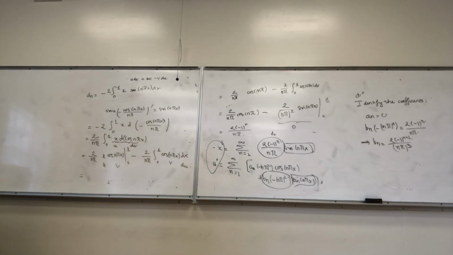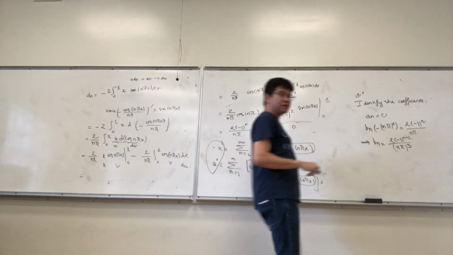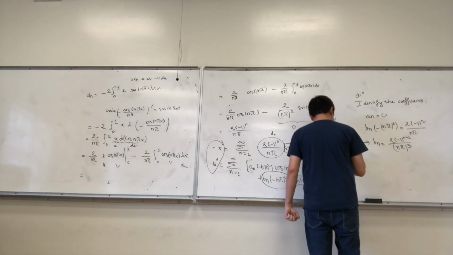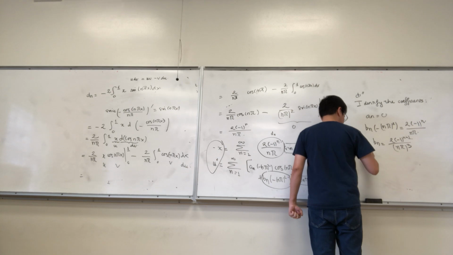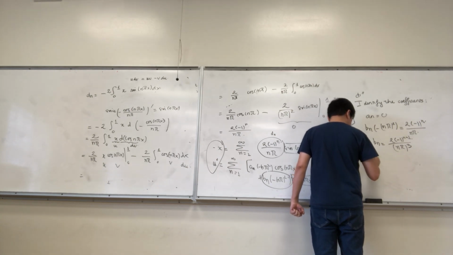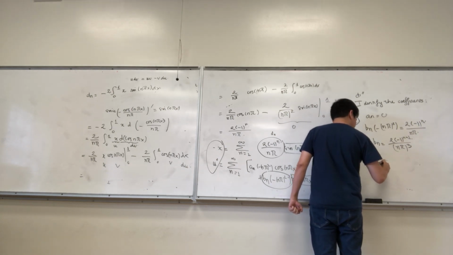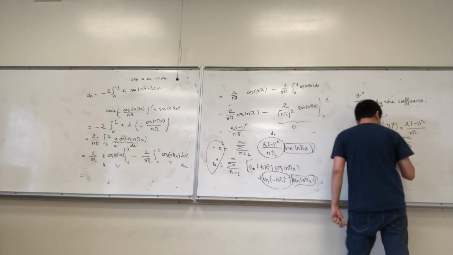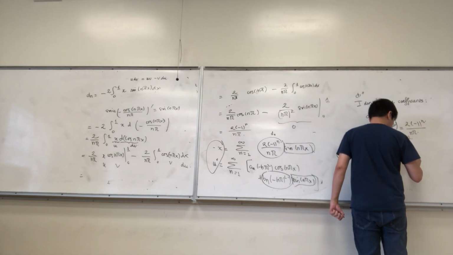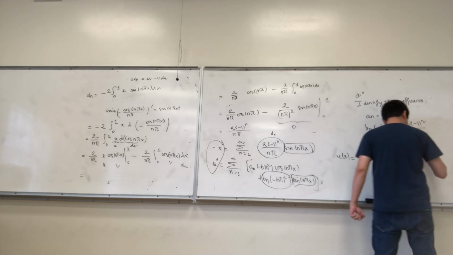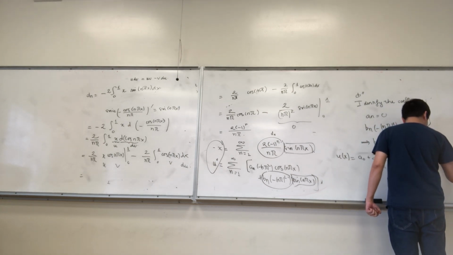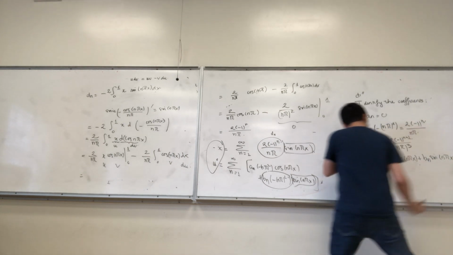Is it good? Questions? Right, so coming back to the solution, right? The solution will be what? The solution will be a0 plus the sum when n is going from 1 to infinity of An cosine n pi x plus Bn sine n pi x, right?